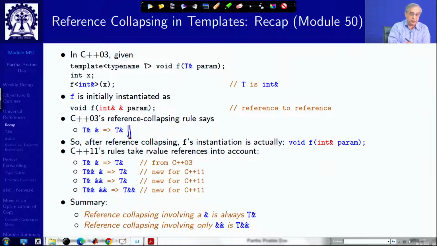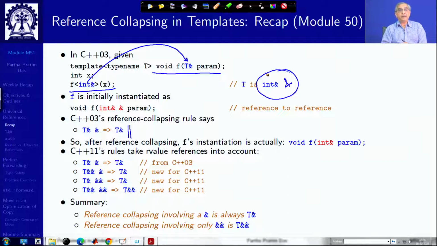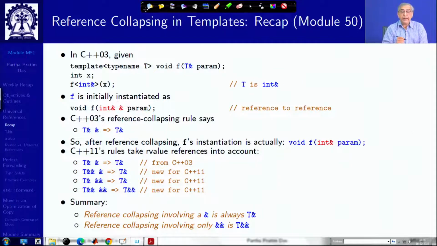This is not only in this kind of template, when we try to do an invocation and binding using this function f, then T becomes int ampersand, and therefore in total we have the function having a type T ampersand ampersand, which is collapsed to T ampersand. In C++11, we have R value references.